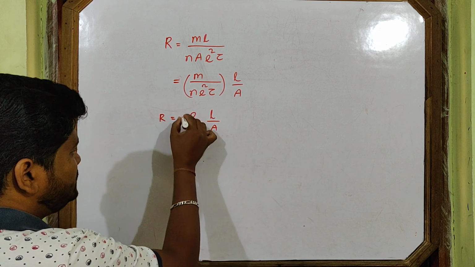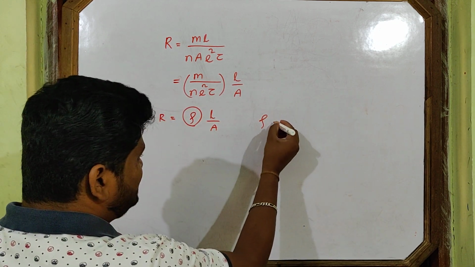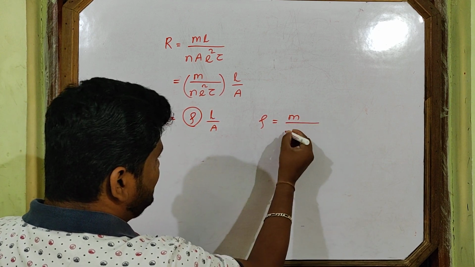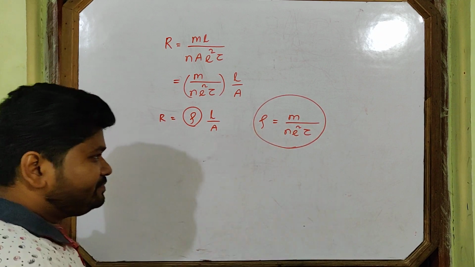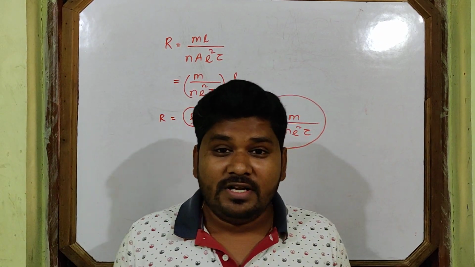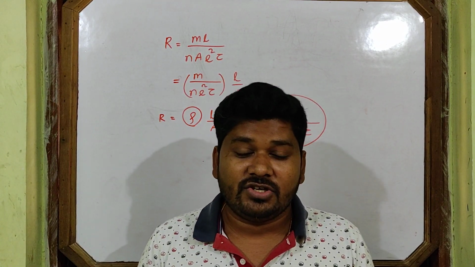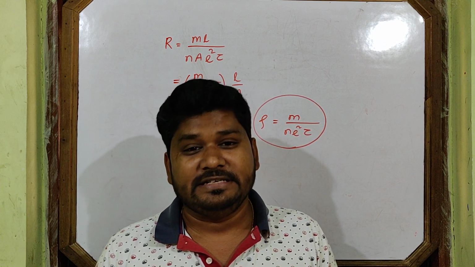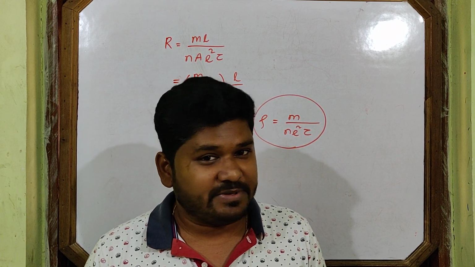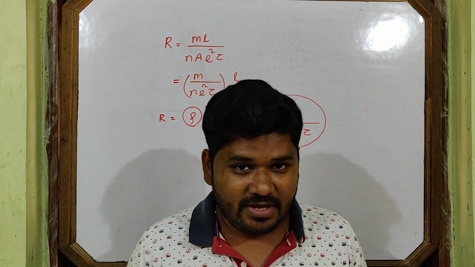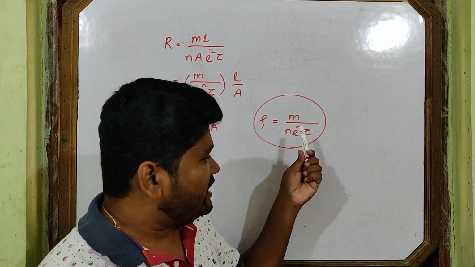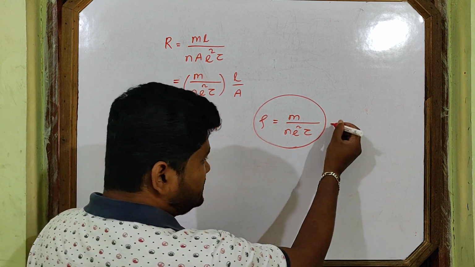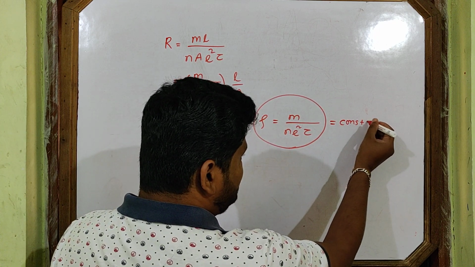And what is this rho? This rho is equal to m by n e square tau. This is called specific resistance or resistivity. So its actual formula is m by n e square tau. This is a constant.